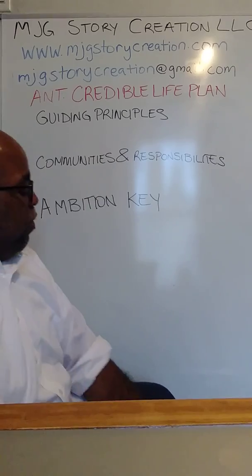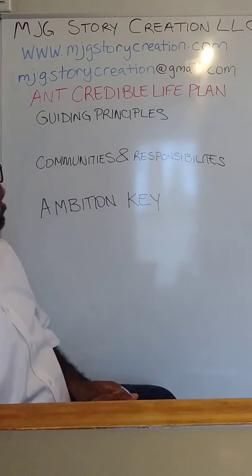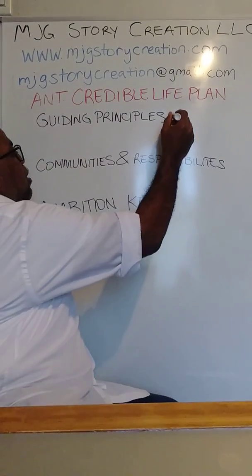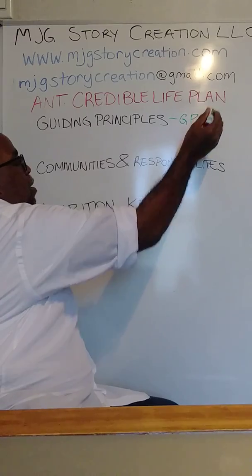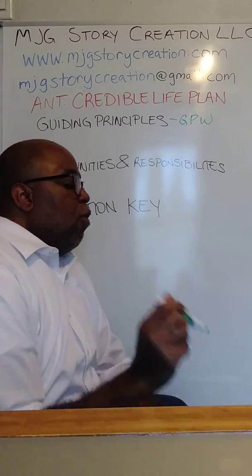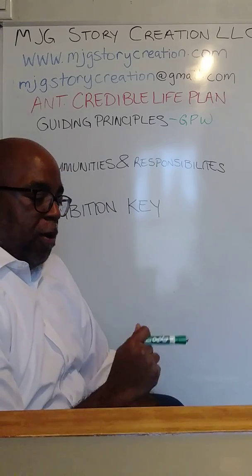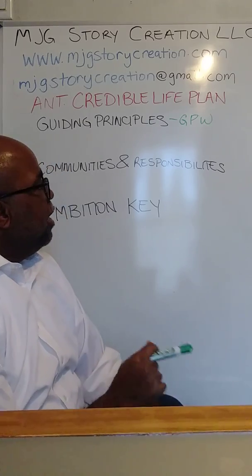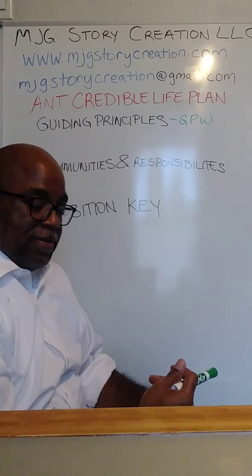So, we start, of course, with guiding principles. And as you know already, guiding principles can be found in the guiding principle worksheet, right? But remember what we said about our antagonist. For the purposes of the guiding principle worksheet, the antagonist has a different expectation.